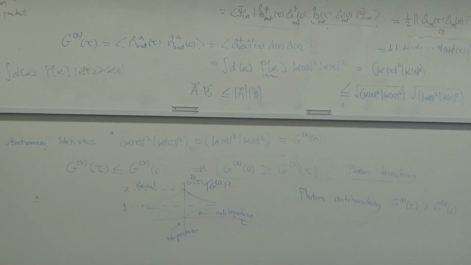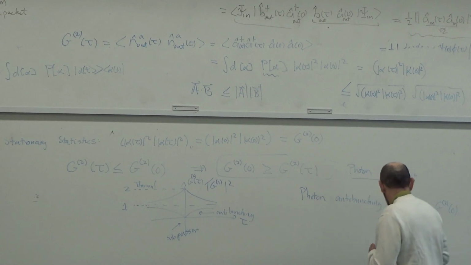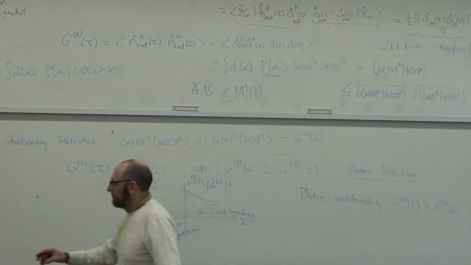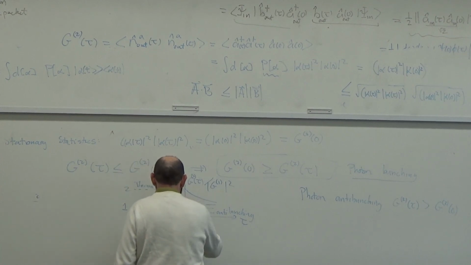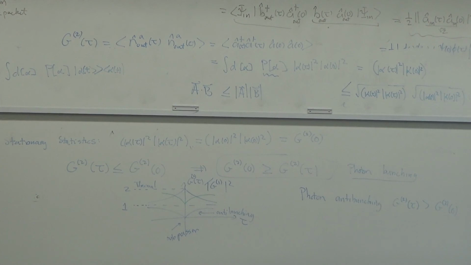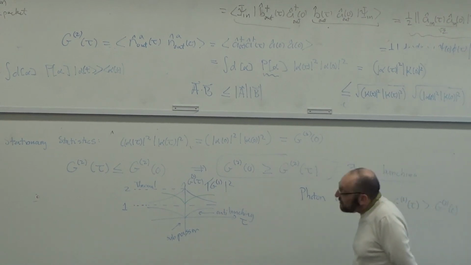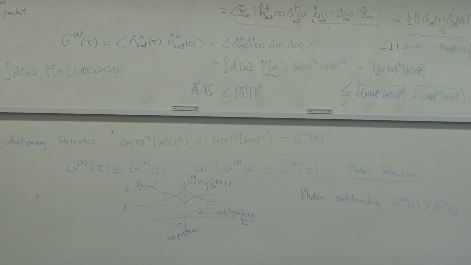Now, last point I want to make. I don't have to have both. Suppose I had something that looked like this. What would you say about that kind of G2 function? Is it classical or non-classical? It's non-classical, because it's anti-bunched.